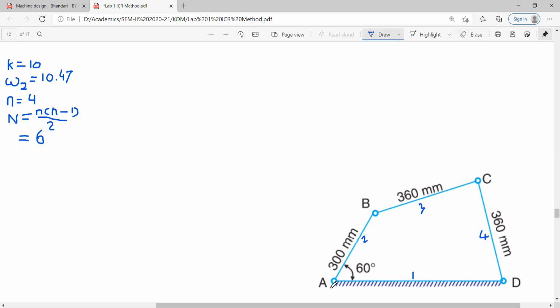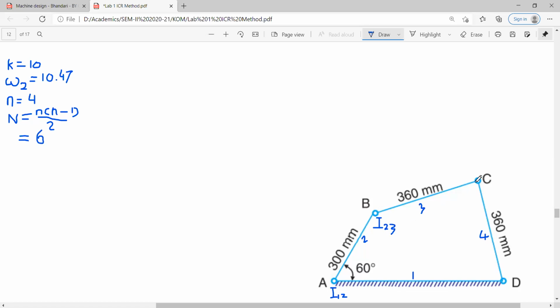I will write here ICR 1, 2, that is I 1, 2 here. Similarly, at the connection of link 2 and 3, that is at point B, one ICR will be there, named ICR 2, 3.